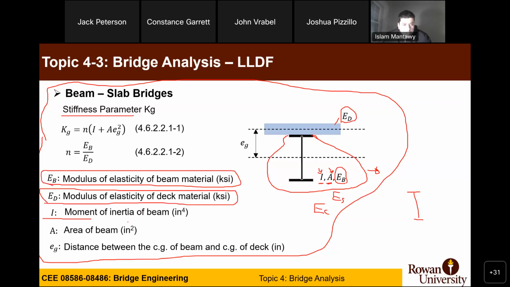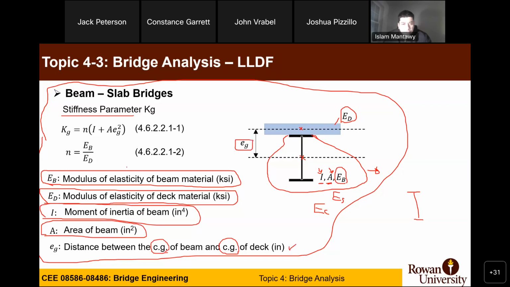We have the moment of inertia of the beam that we calculated before, the area of the beam, and a distance between the CG of the beam and the CG of the deck. Once you have the CG of your beam and your CG of the deck, you can get the distance EG.